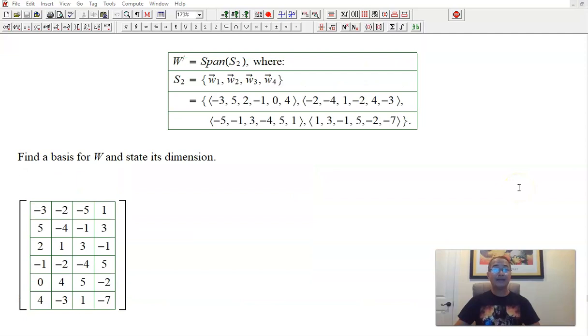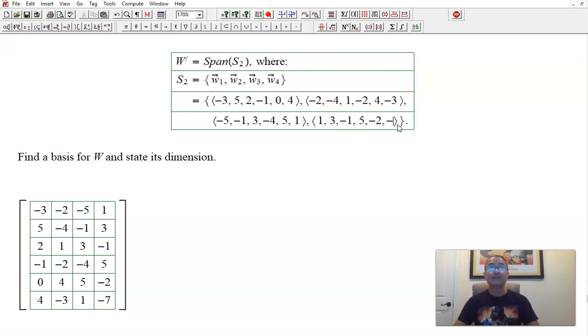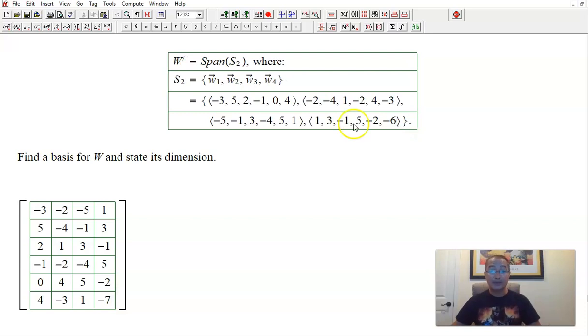My bad, I lied to you. I actually have one more example for you. Let's change S just a little bit. So we're going to call it S2, and W prime is the span of this slightly different set, S2. We are just going to change -7 ever so slightly to -6.